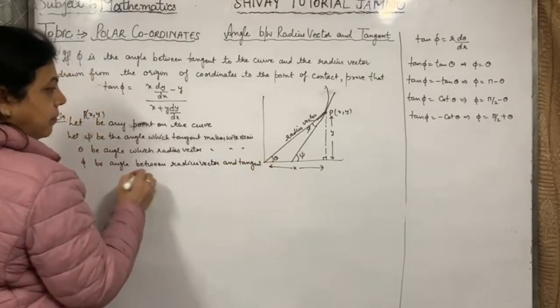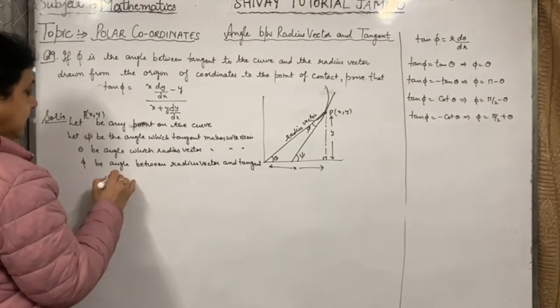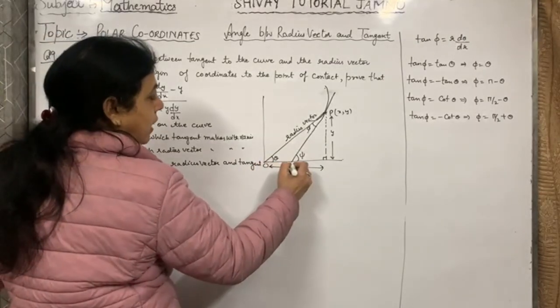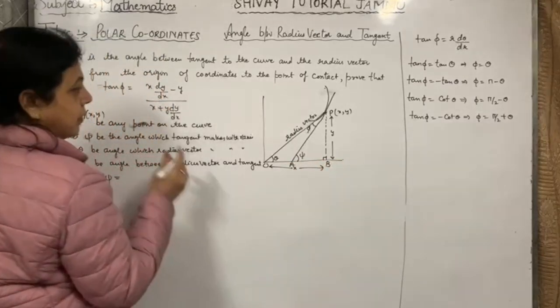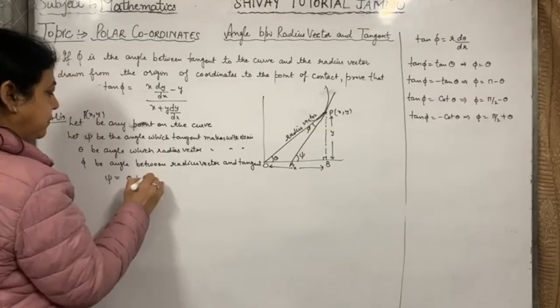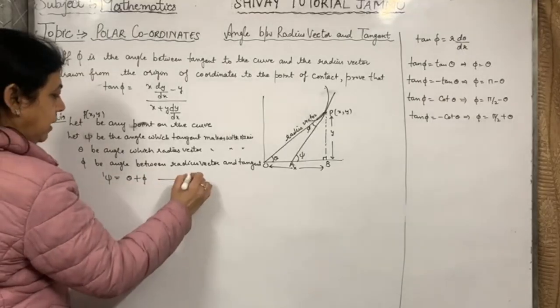Clear? Okay. What is psi? Psi is the exterior angle of triangle POA. Then psi will be theta plus phi. This we name as 1.